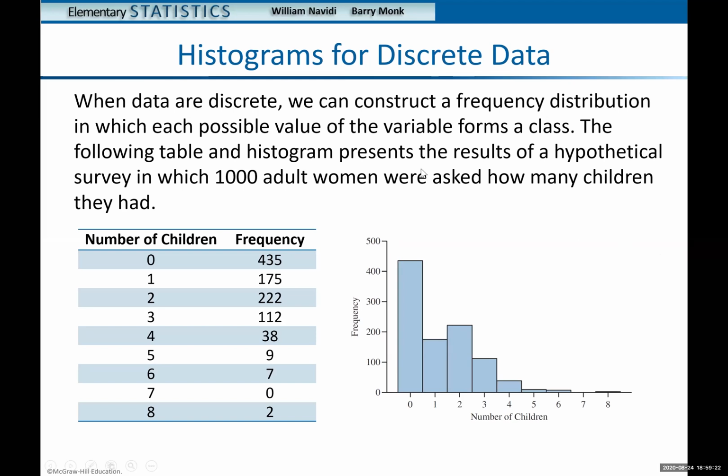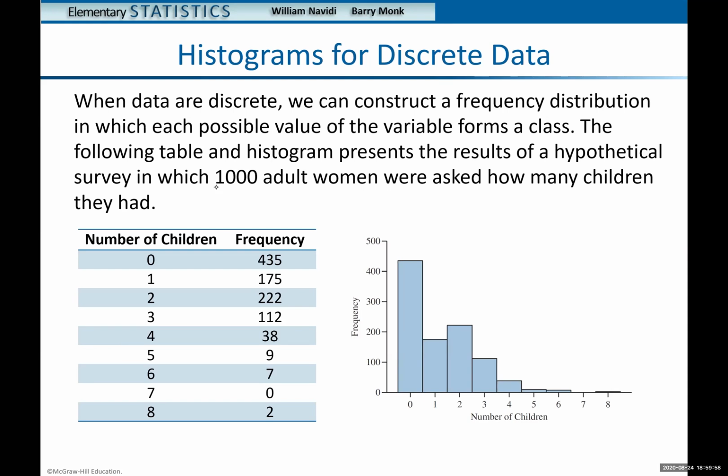And histograms for discrete data. So when data are discrete, we can construct a frequency distribution in which each possible value of the variable forms a class. So the following table and histogram presents the results of a hypothetical survey in which 1,000 adult women were asked how many children they had. So remember, when you take a survey on how many children they had, you only want to get the discrete data, discrete meaning countable.